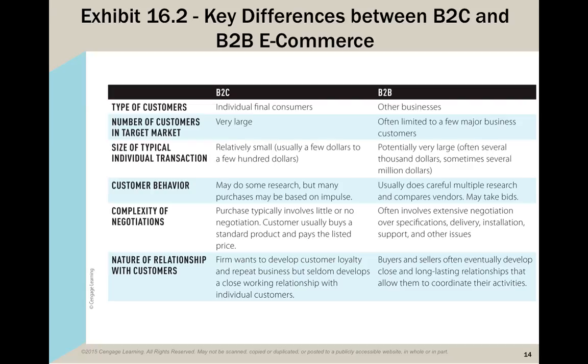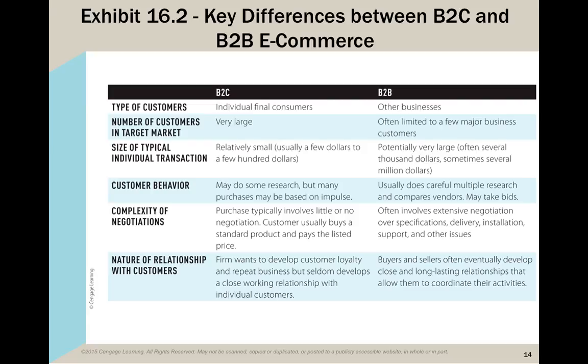An example might be the grocery industry, where from ConAgra's standpoint, you're working with Walmart, you're working with Kroger, you're working with Safeway. You're not working with the consumers that are in Safeway or the consumers that are in Fred Meyer. You're looking at big groups of businesses.